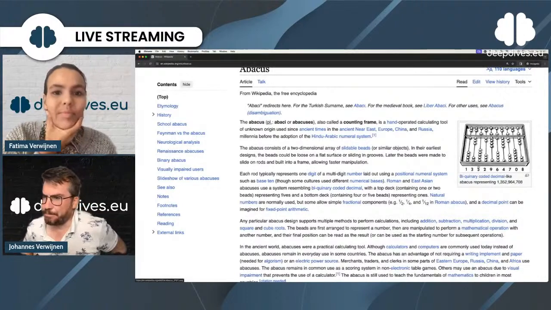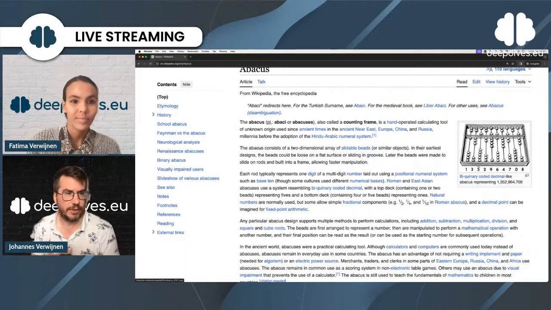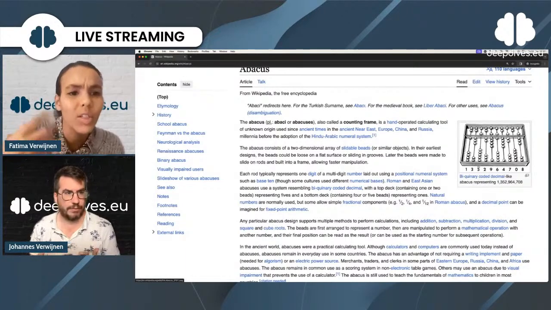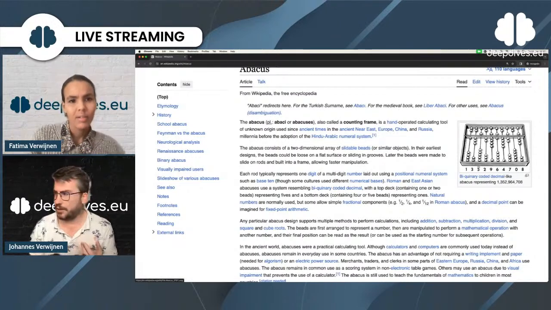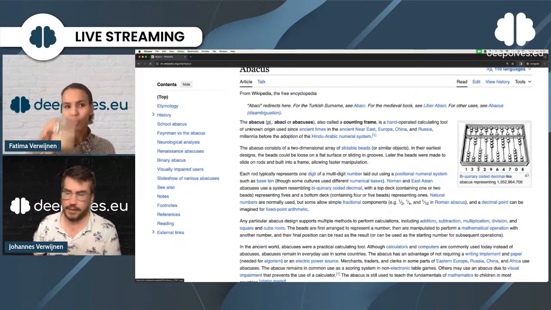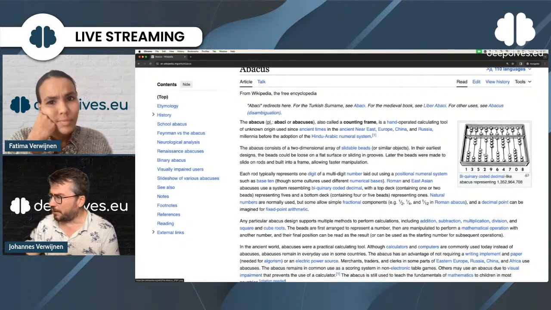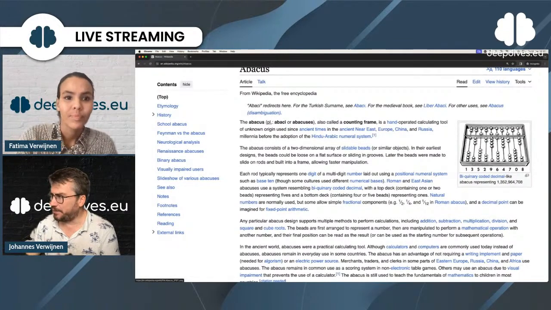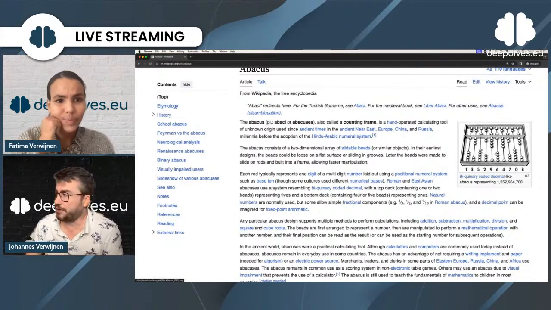And these were used, surprisingly, in many different cultures simultaneously. So yeah, there was this in China. I think the Chinese used them, the Sumerians used them, Europeans used them. And then, of course, it would depend on the numbering system that they would use, the structure of it.